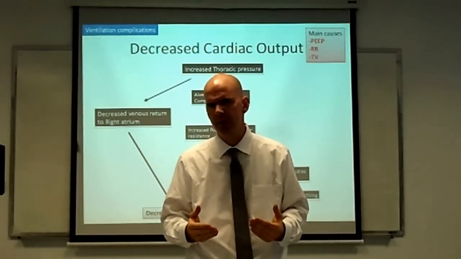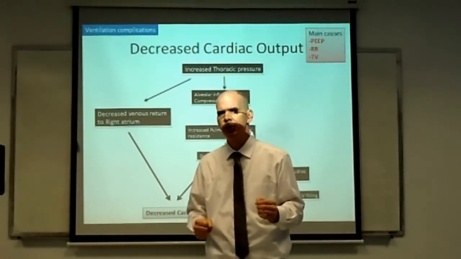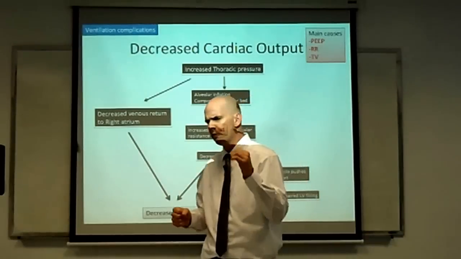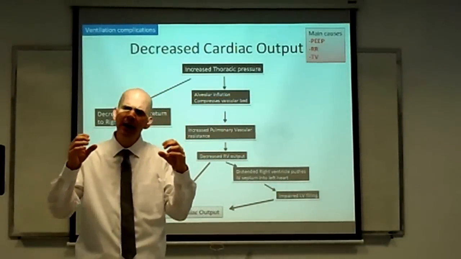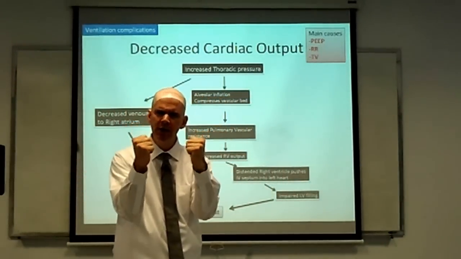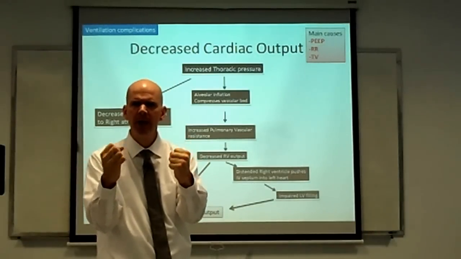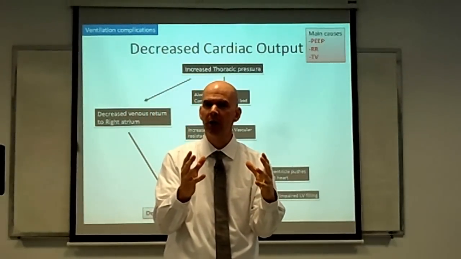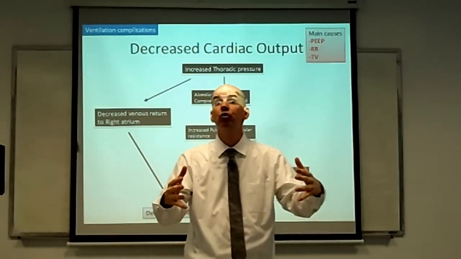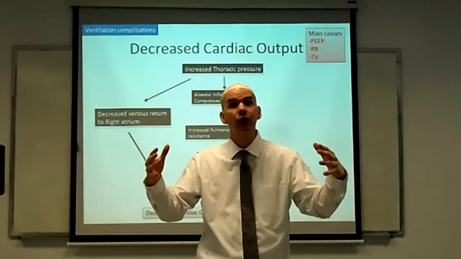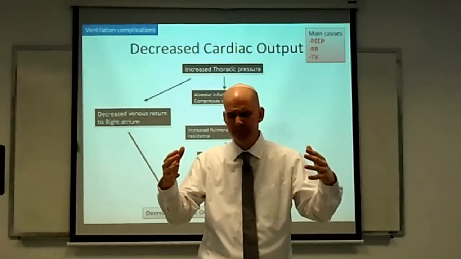reduced cardiac output. This high intrathoracic pressure also reduces cardiac output in another way, because high intrathoracic pressure puts the squeeze on the pulmonary vasculature. This backs up blood into the pulmonary arteries and spells out to a higher afterload for the right heart.